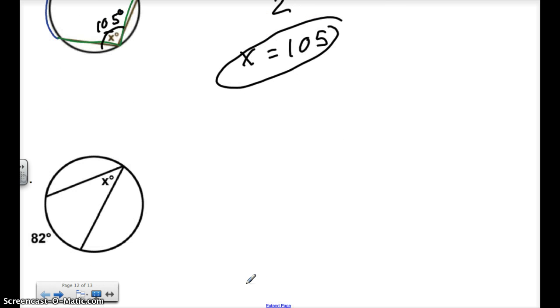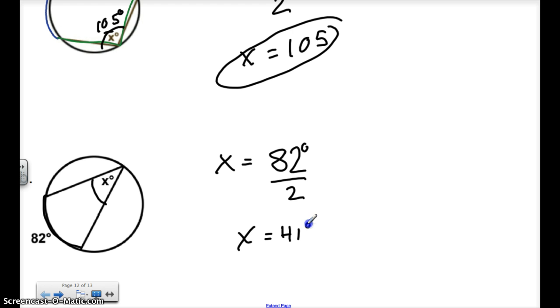Going down, let's take a look at this guy. Once again, we want to find what x is, which is our inscribed angle. It's going to be half of this arc. So to find our inscribed angle, we take our intercepted arc, which is 82 degrees, and we divide it by 2. And so x is going to equal 41 degrees.